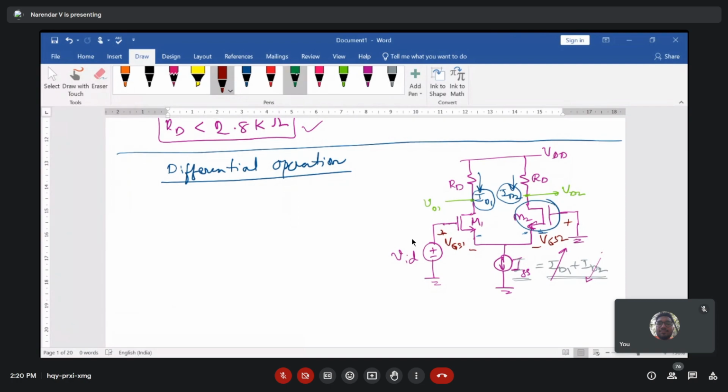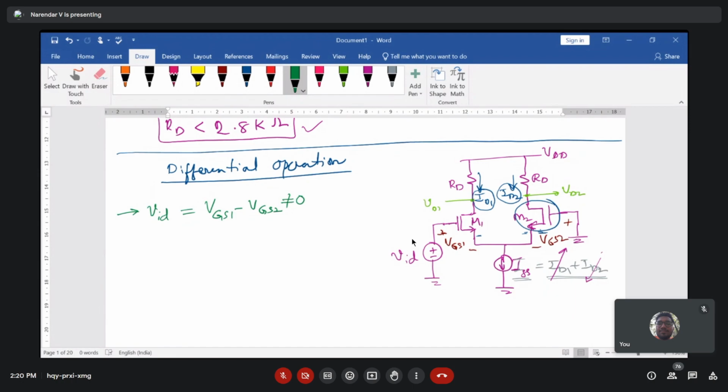As we are applying the differential input, which is referred to be VID, you can consider that VID, equal to VGS1 minus VGS2, is not equal to 0. If both inputs are the same, then definitely VGS1 minus VGS2 is equal to 0, but we are applying a VID which makes the gate to source voltages of M1 and M2 not the same, so this is not equal to 0.